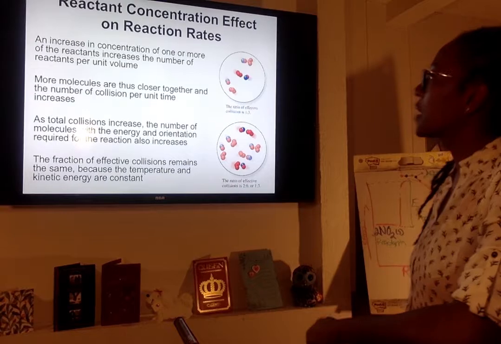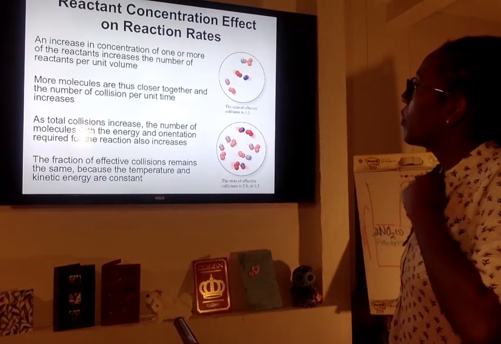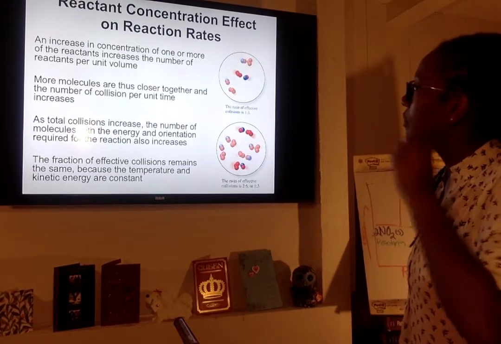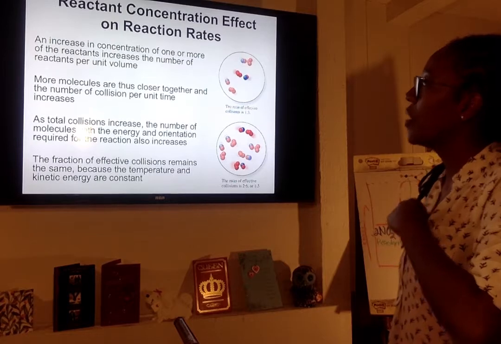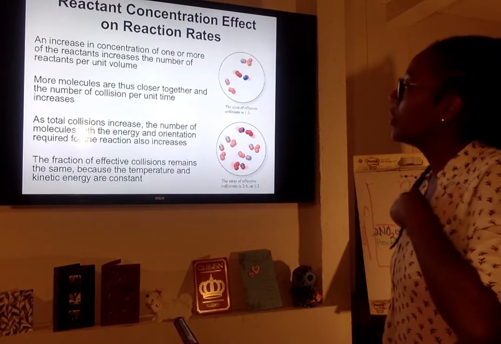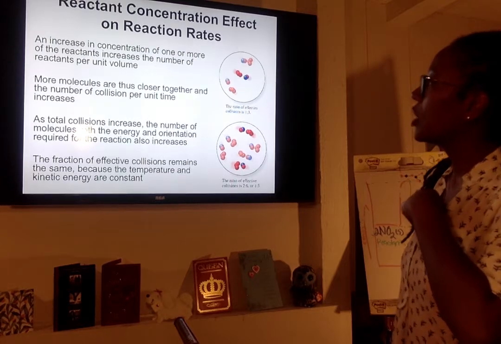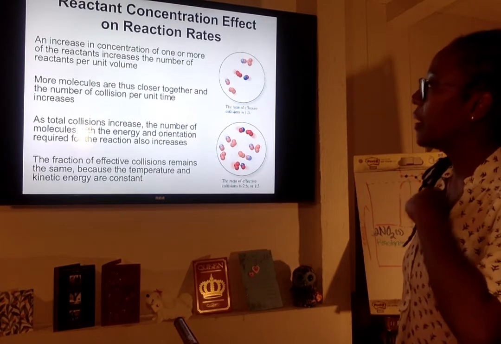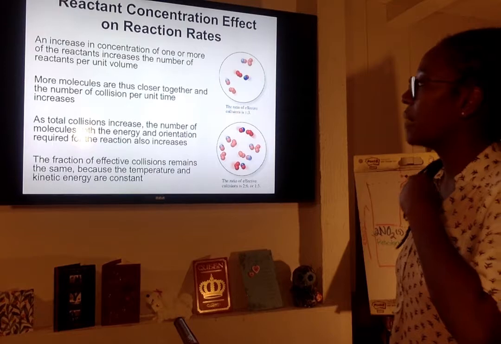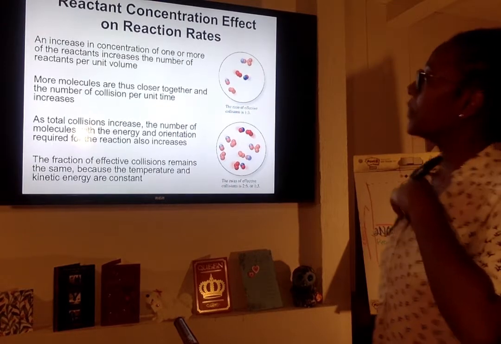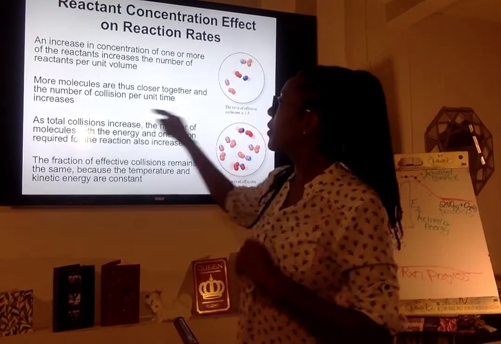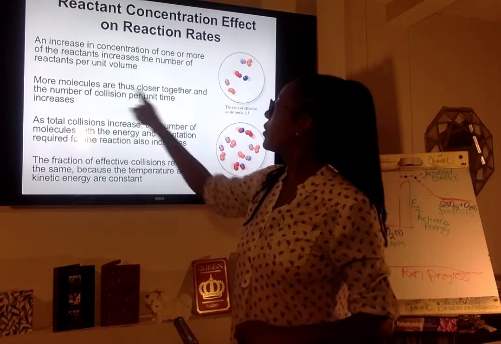An increase in concentration of one or more reactants increases the number of reactants per unit volume. More molecules are thus closer together, and the number of collisions per unit time increases. So if you're increasing the number of molecules, they're going to be closer together.